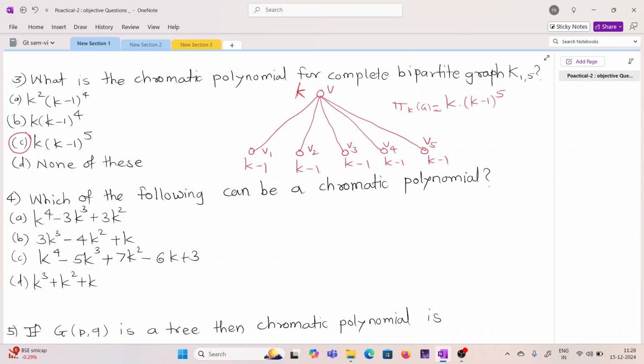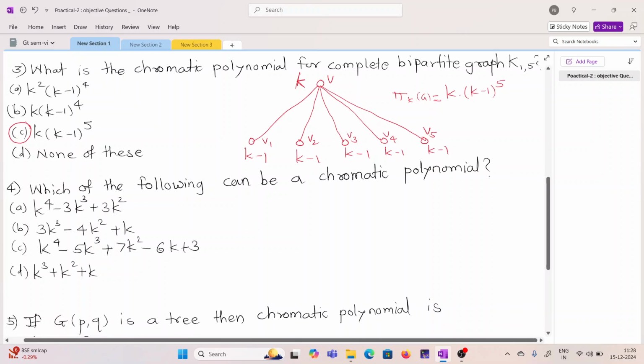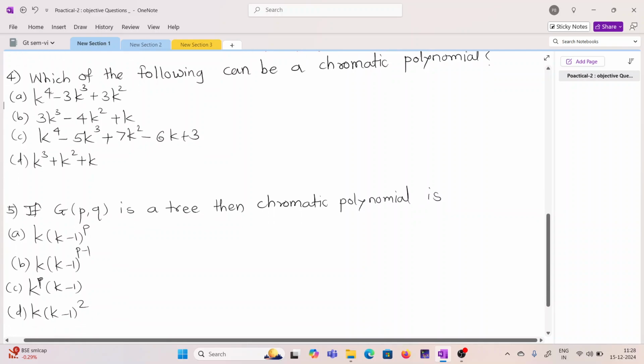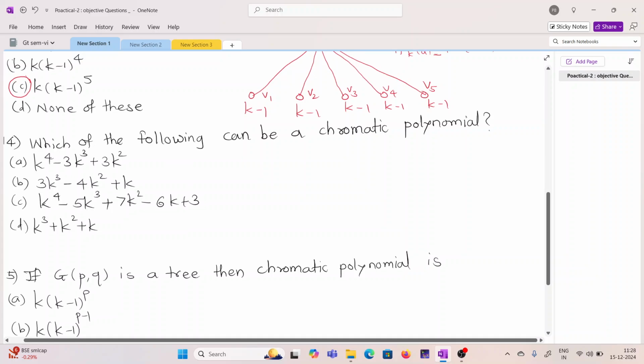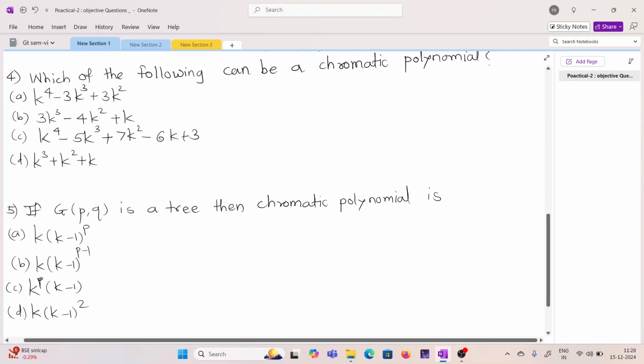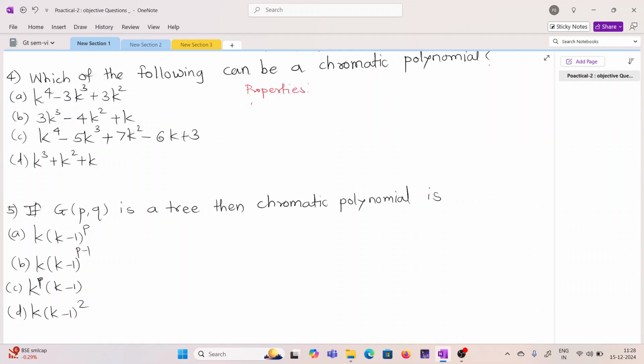Now let us discuss the fourth MCQ. Fourth MCQ is: which of the following can be a chromatic polynomial. So we are given 4 polynomials and we want to check which of them is the chromatic polynomial of some graph. So first I am writing the properties of chromatic polynomial. First property is the signs are alternate.